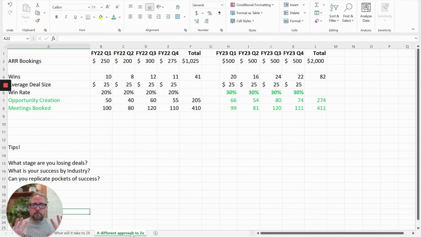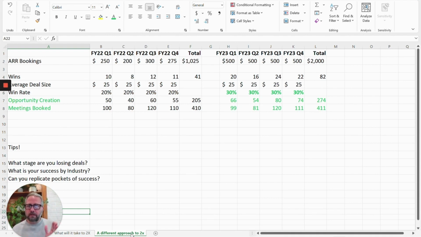Now, another approach to trying to get some efficiency, and this is the one I would actually really recommend, is to really start focusing on your win rate. I'm just using an example of 20% win rate, which is pretty typical. If you increase that to 30%, it has a gargantuan impact.